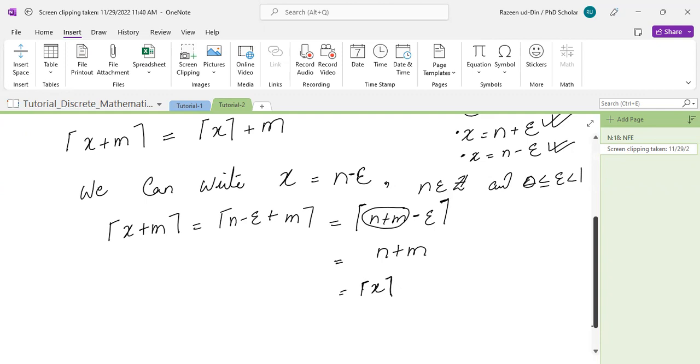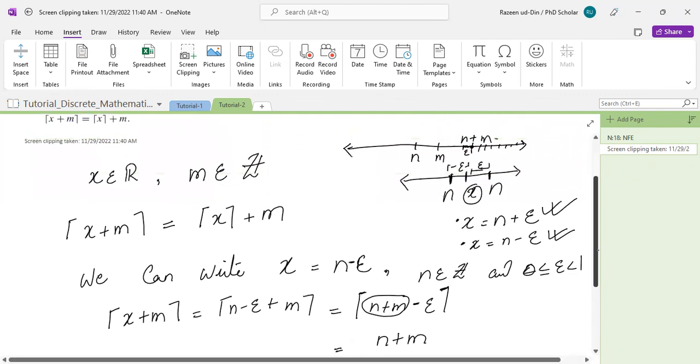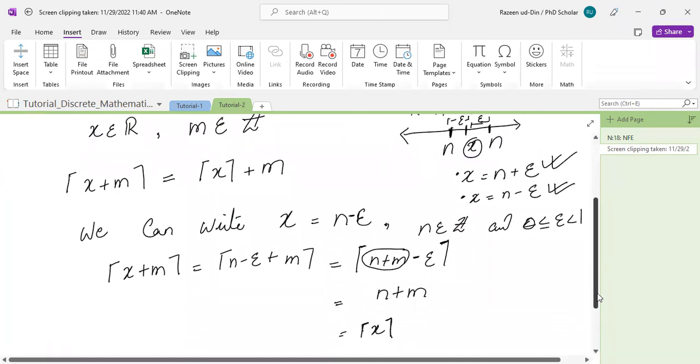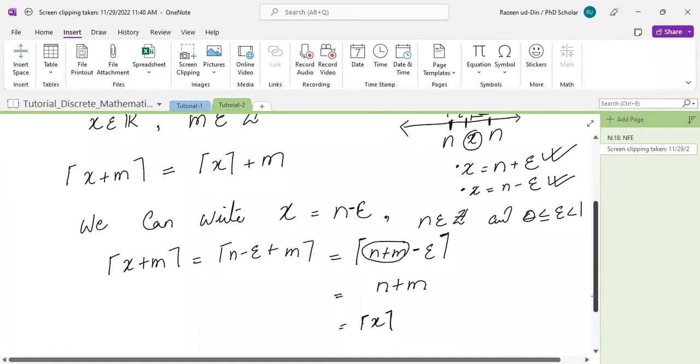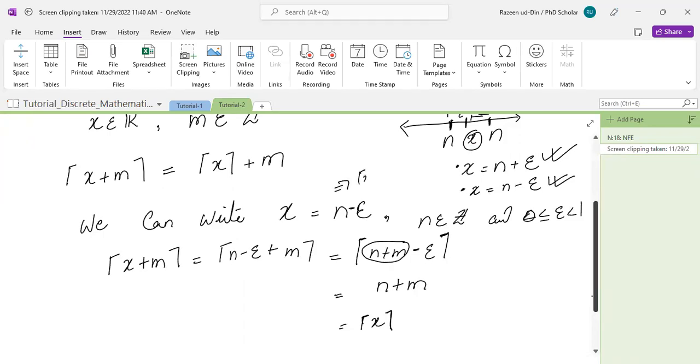Because we take x as n minus epsilon, the ceiling of x is n, right?